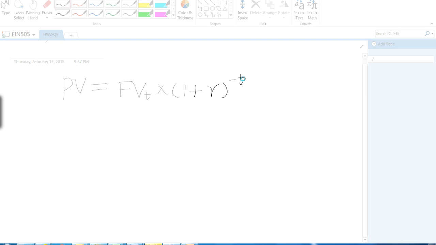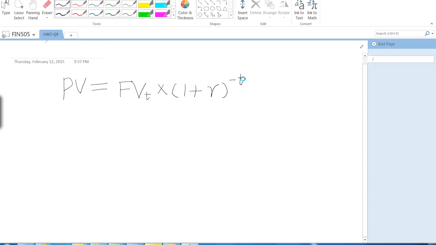So the power for the present value calculation is negative, and for the future value calculation is positive. And that's very important.